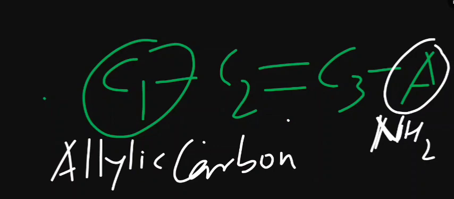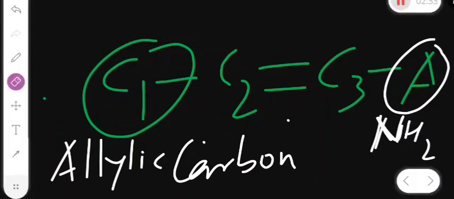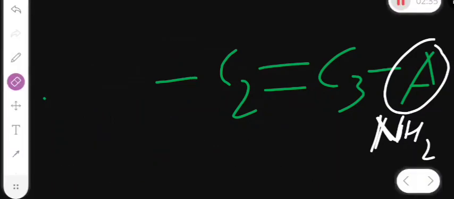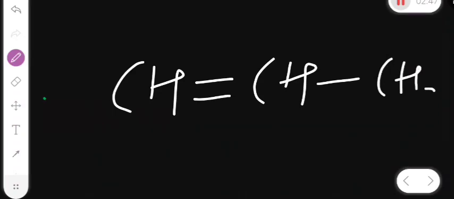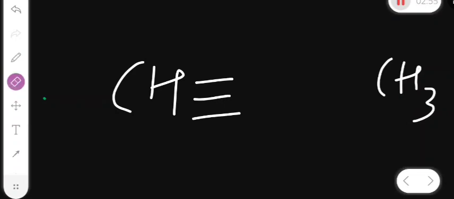Now let me give you one more example so that all these things become very clear to you. If I take the example of this species, oh sorry, let me redraw it, this one.